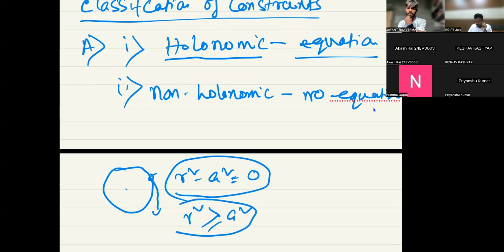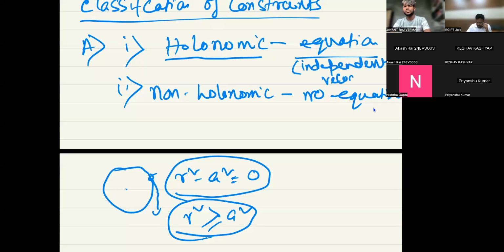So this will be a non-holonomic constraint. If you can write this in the form of an equation, then this is a holonomic constraint. But if you cannot write the constraint relation in the form of an equation, then that is a non-holonomic constraint. And holonomic has another property: this is independent of velocity.